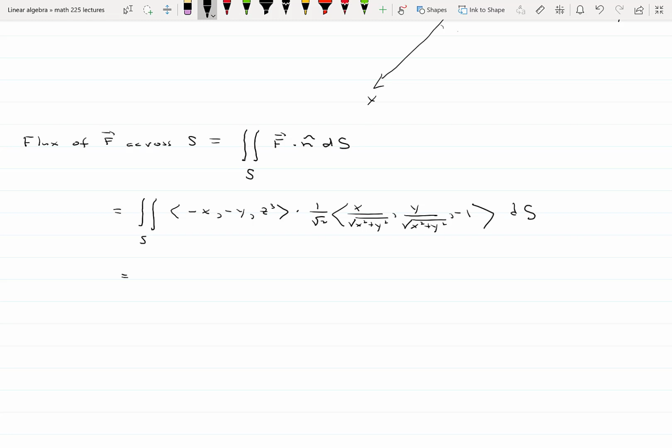Okay, so let's compute this dot product. So the 1 over radical 2 can be brought out in front of the integral. It's just a constant. And let's perform this dot product. This is negative x is the first component, and x over the square root of x squared plus y squared is the first component in n. So we have minus x squared over the square root of x squared plus y squared.